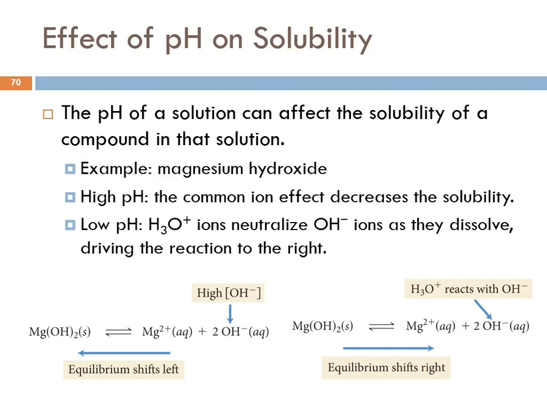Where is the magnesium hydroxide in milk of magnesia going to encounter an acidic environment? In your stomach, right? So here there's acid in your stomach. It's going to react with the hydroxide, lowering its concentration. It's going to chew up the hydroxide as it's released. And so that will cause the equilibrium to shift. And that's how you can swallow magnesium hydroxide and have it reduce the acid in your stomach without destroying your esophagus on the way down.